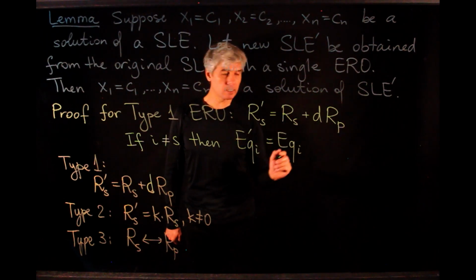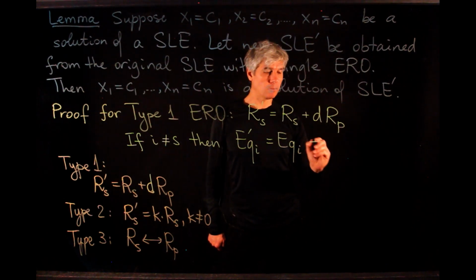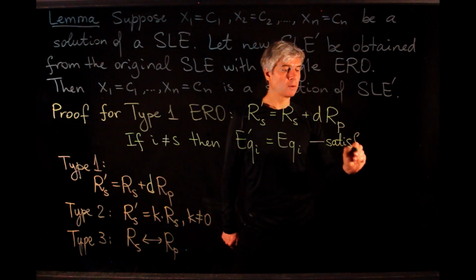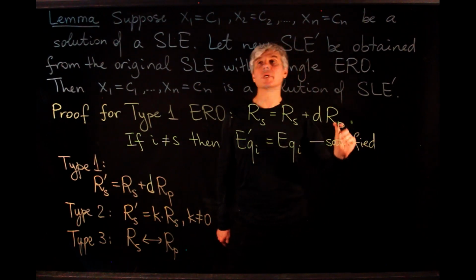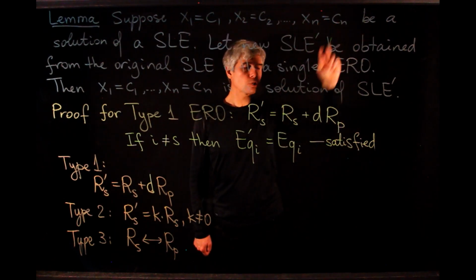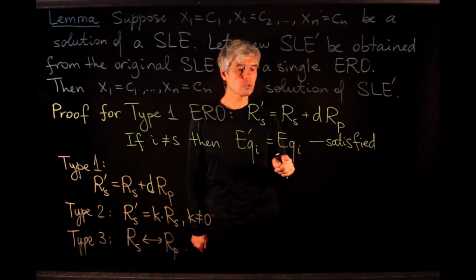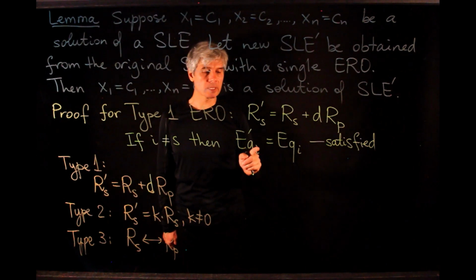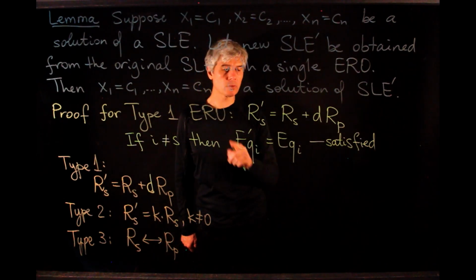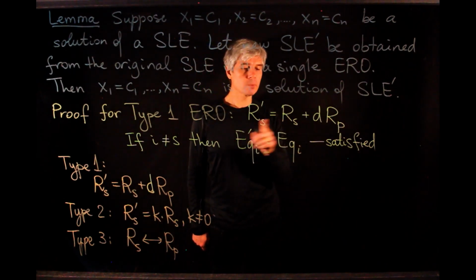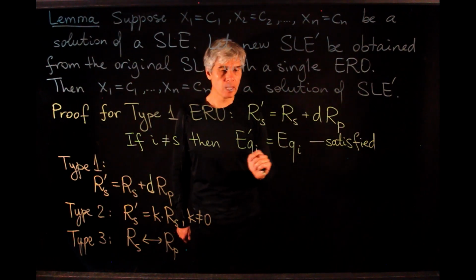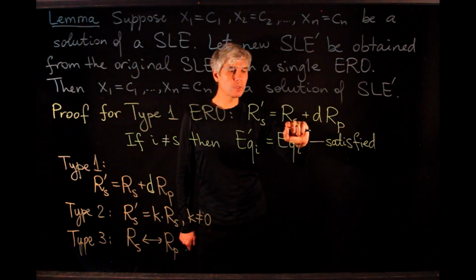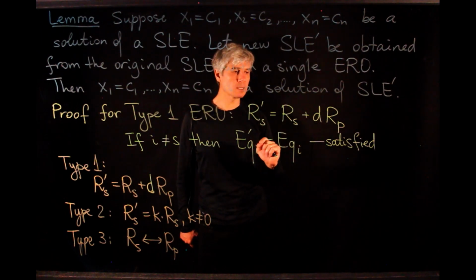This means that in this case, these equations are satisfied because the given solution satisfies all equations of the old system. So immediately it will satisfy all equations of the new system except possibly equation number S. Now, let us look in detail at equation number S in the new system.